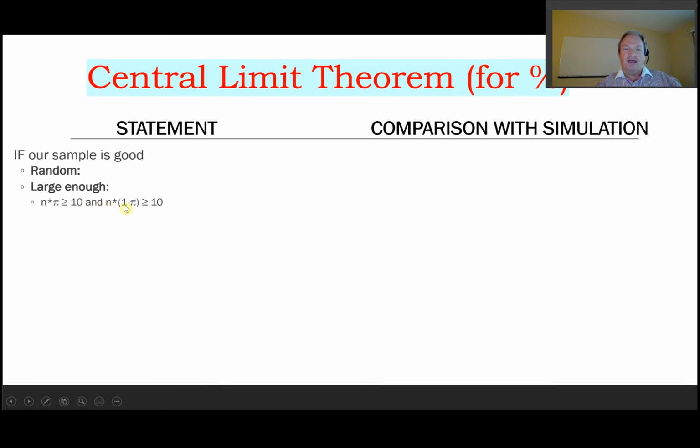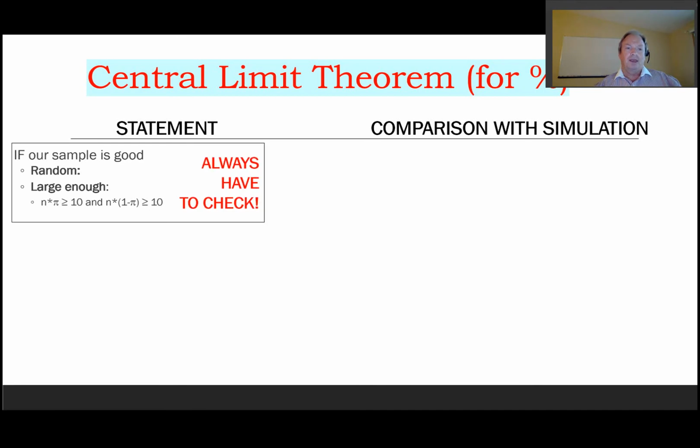And the sample size times 1 minus the population percentage, this is the probability that you're in the other category, also has to be greater than or equal to 10. In other words, you have to have 10 individuals in both categories in the population. That's what that means. Okay, we always have to check these conditions first whenever we want to use the central limit theorem.